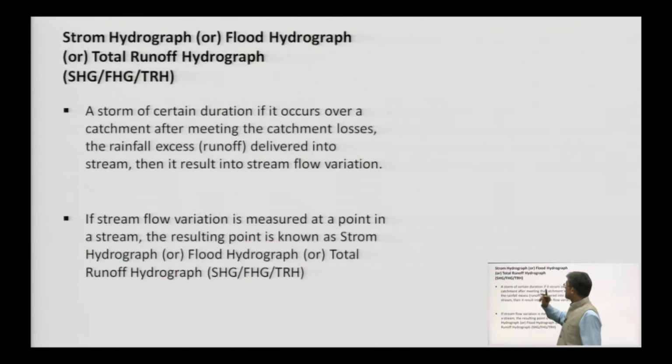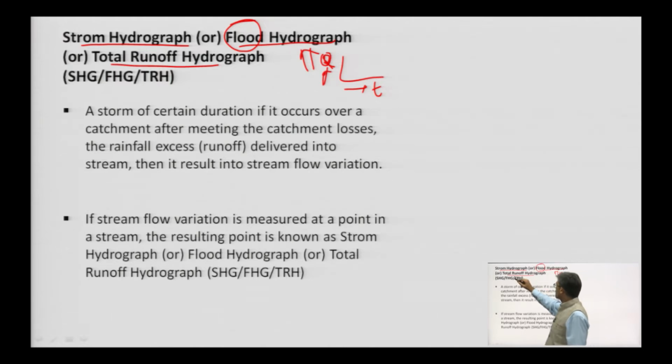Next is the storm hydrograph, flood hydrograph, total runoff. They are synonymous terms. Flood means short term, as I have told you, a graph between Q and T for the short term.